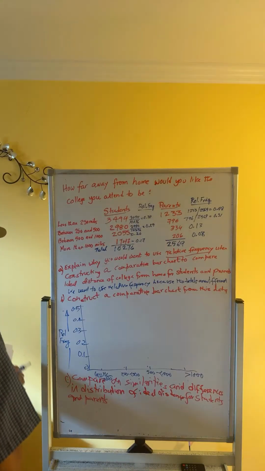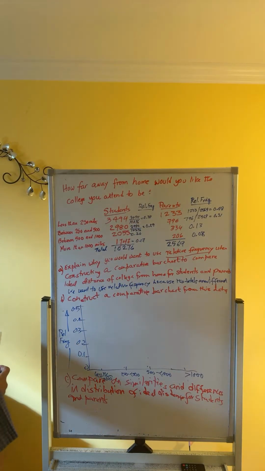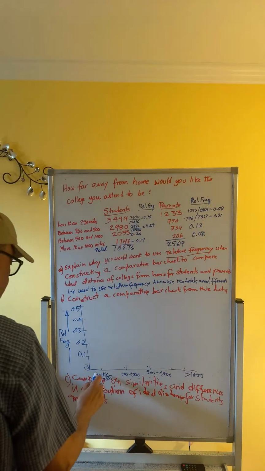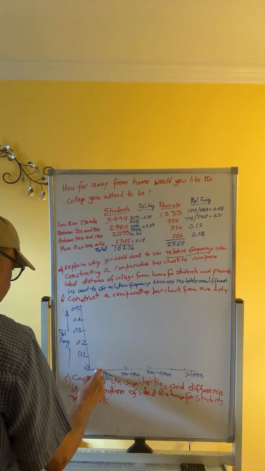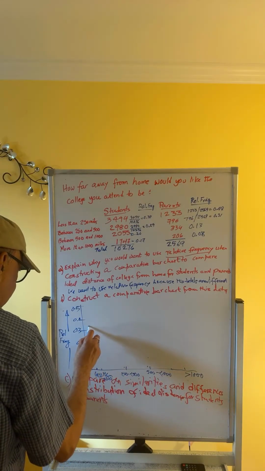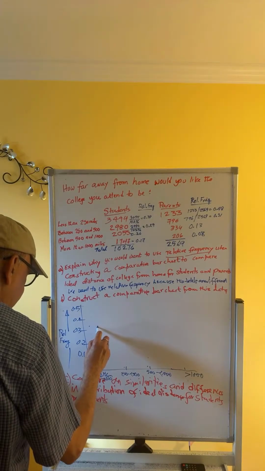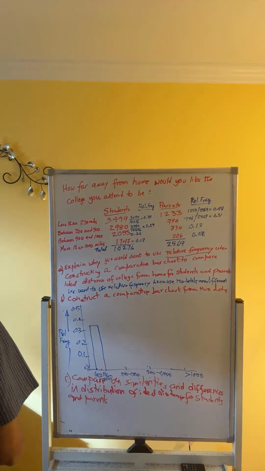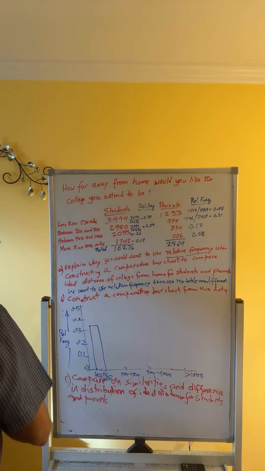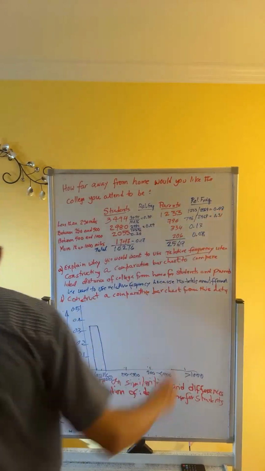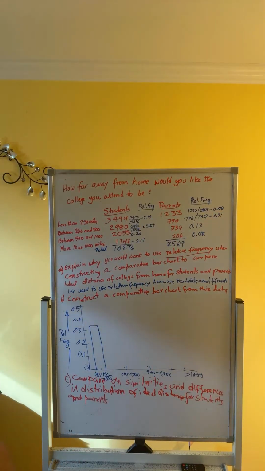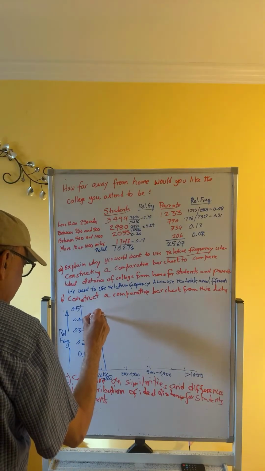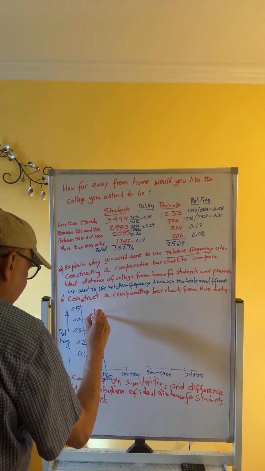Okay. Let's take a look at the first one. It's 0.34 for students and 0.48 for the parents. 0.34 is between 3 and 4, so somewhere over here. This is students. Then we'll do the parents, which is 0.48. So the height of that bar is higher than this one. So 0.48 will be somewhere over here.